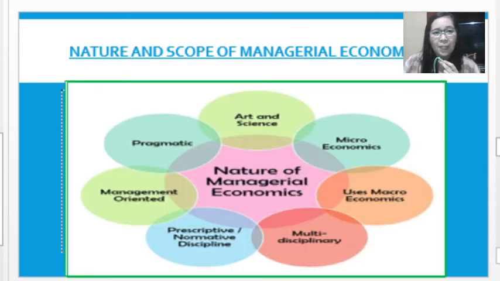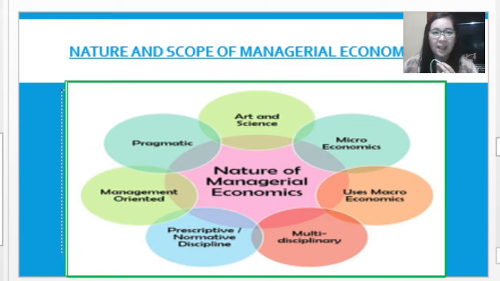Here for the nature and scope of managerial economics, the first is that managerial economics is considered as an art and science. When we say art, it means you can solve the problem in so many ways, depending on how you analyze and provide solutions. The important thing is that we use the concepts that are provided.